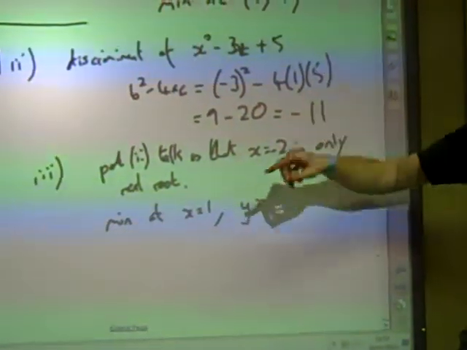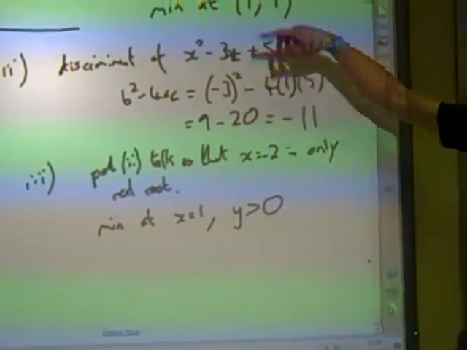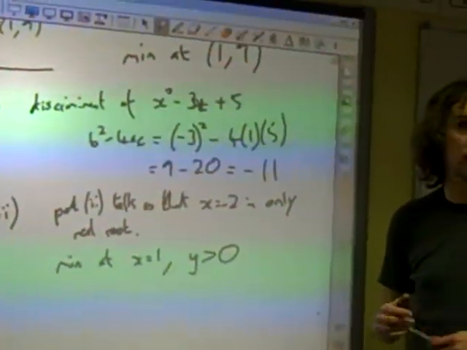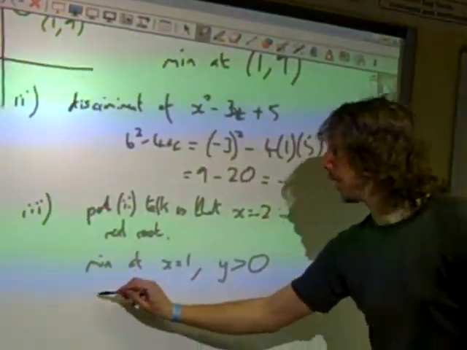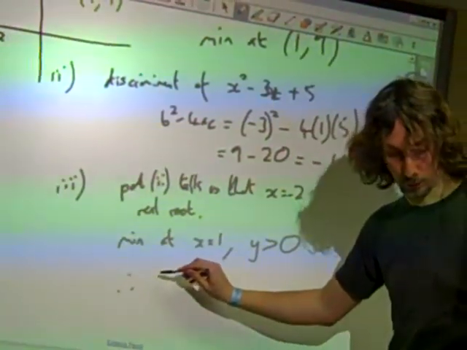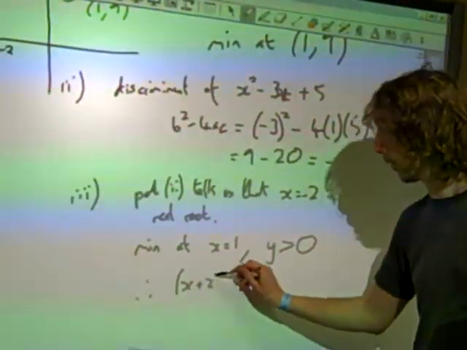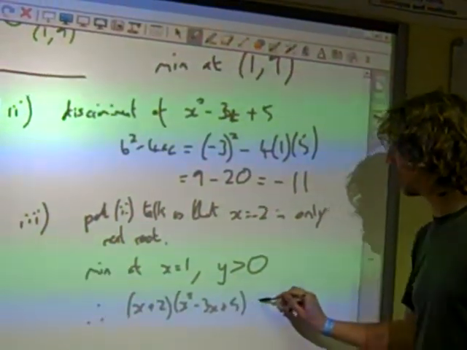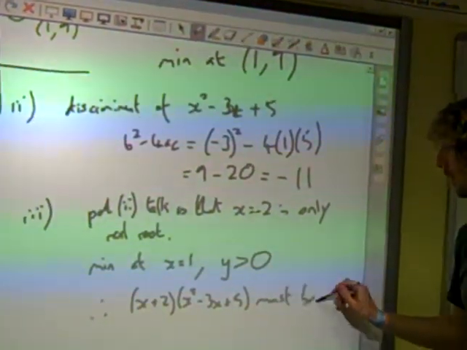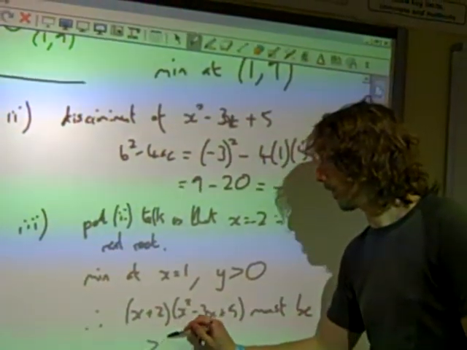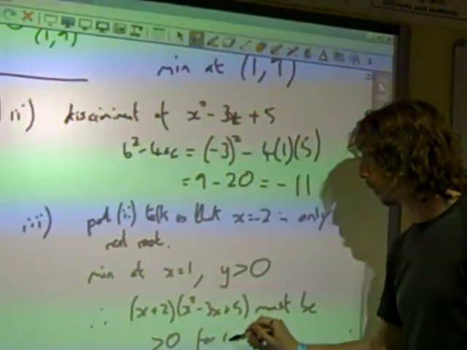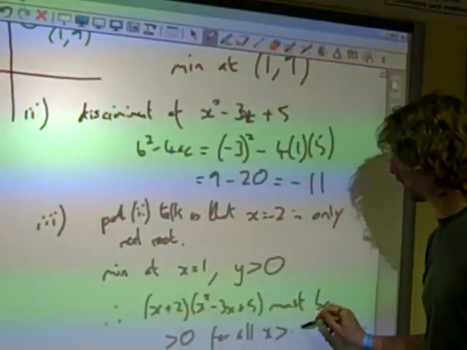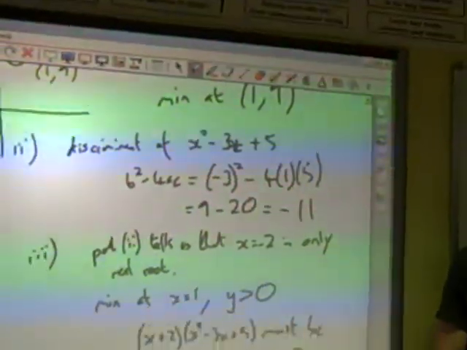It then does come back towards the axis, but then it turns back and goes up again, and it's always greater than 0 for all those values. So therefore, x plus 2 times x squared minus 3x plus 5 must be greater than 0 for all x greater than -2. I think that kind of does it.